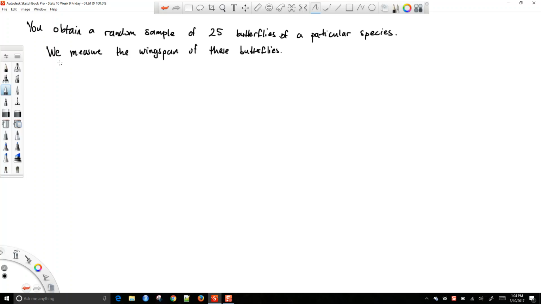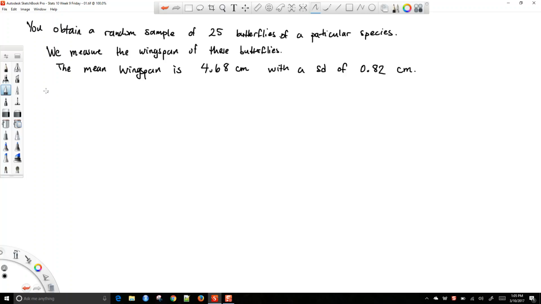Okay. The mean length, mean wingspan is, making stuff up, let's see, 4.68 centimeters with a standard deviation of 0.82 centimeters.